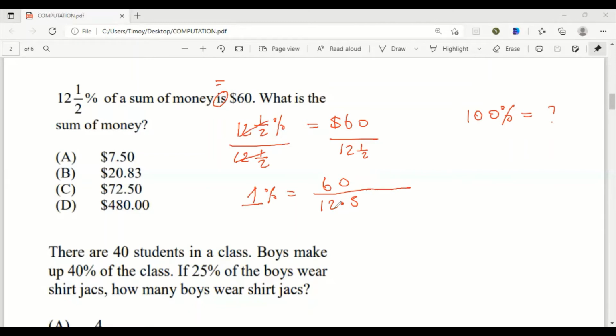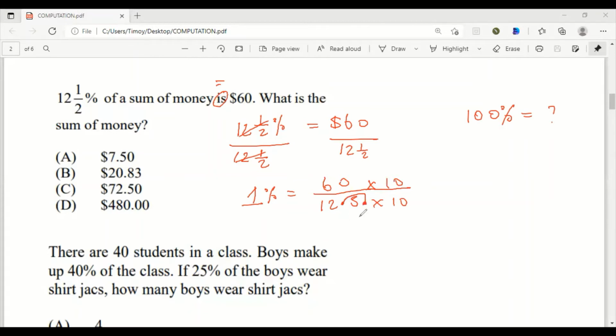We can convert this decimal to a whole number by multiplying by a power of 10. So we can just multiply this by 10. But whatever we do to the denominator, we have to do it to the numerator. So we have to multiply the numerator by 10 as well. Now, by multiplying the denominator by 10, it appears as if the decimal point moves from in front of 5 to behind 5.